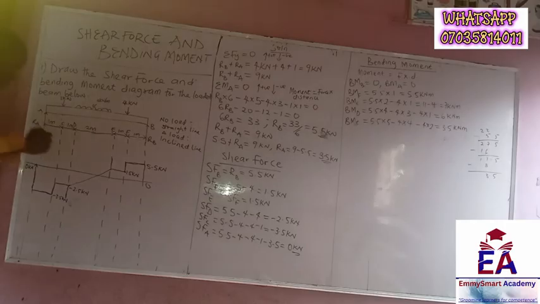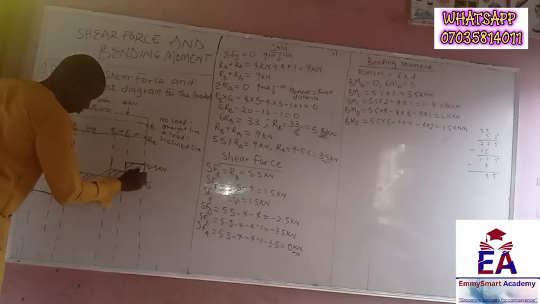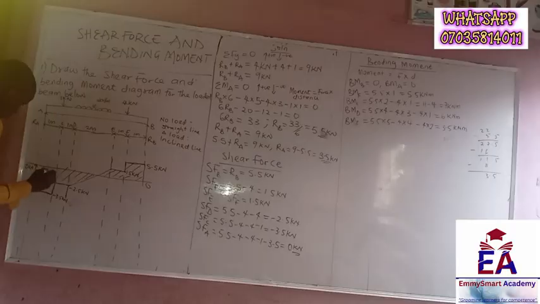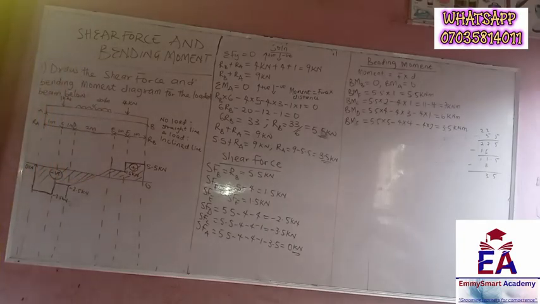So what do I do? I'll just shade this point, and this point, and this point. So this part is negative. Here is what is positive. Okay.